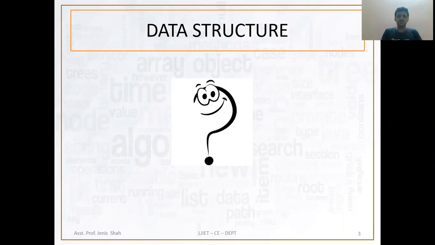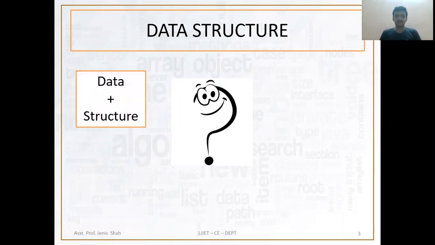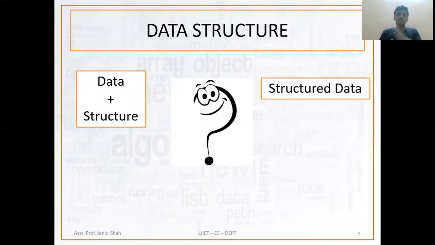So data structure is nothing but data plus structure. Okay, I'm not confirming that data structure is data plus structure. I'm just saying what my students told me in my previous sessions. Another definition they gave was structured data.